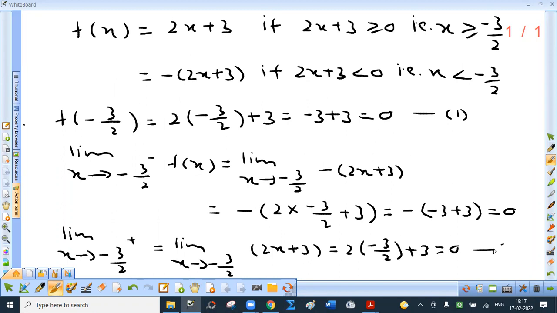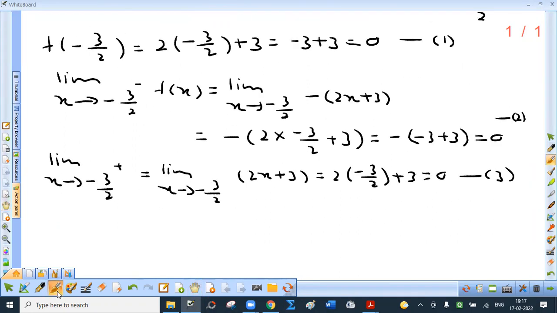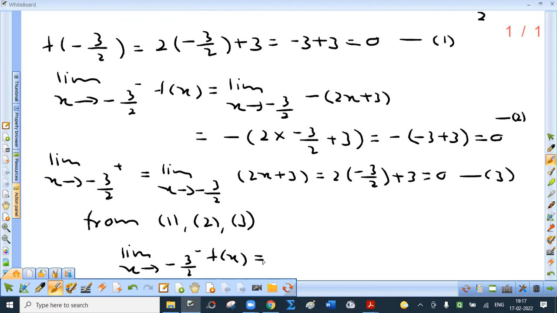Actually, this is number 3 and this is number 2. Okay. So I can say from 1, 2 and 3, limit as x tends to minus 3 by 2 minus f of x equal to f of minus 3 by 2 equal to limit as x tends to minus 3 by 2 plus f of x.